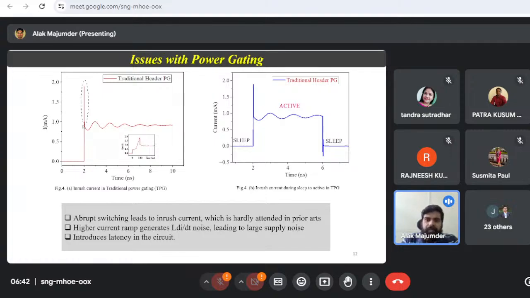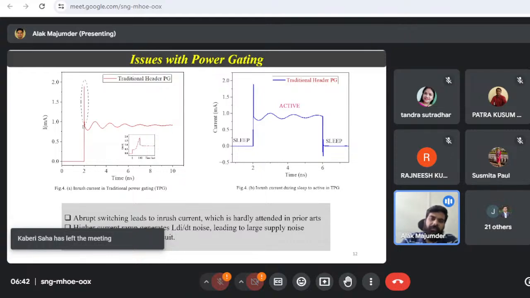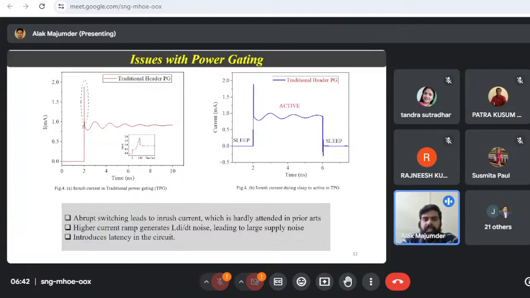So this is a big problem, and a problem which is hardly addressed if we see in the literature. For the last 5 to 10 years, industry has been exploring these particular areas quite explicitly, because in the lower technology nodes, your device is very small. For the last 15 or 20 years, we have been using 180 nanometer or 250 nanometer technology.